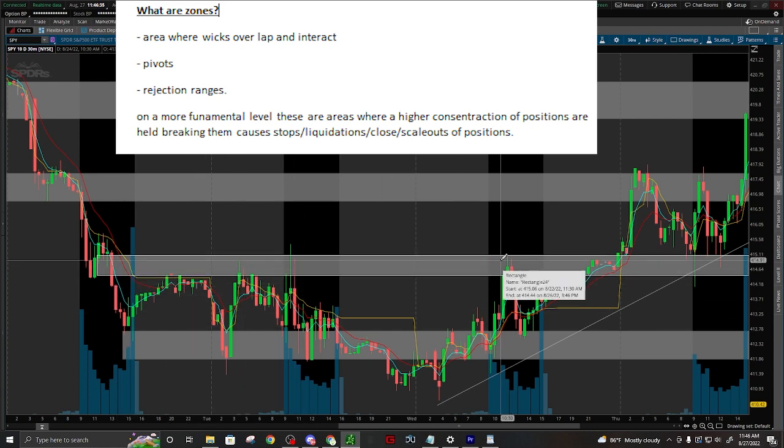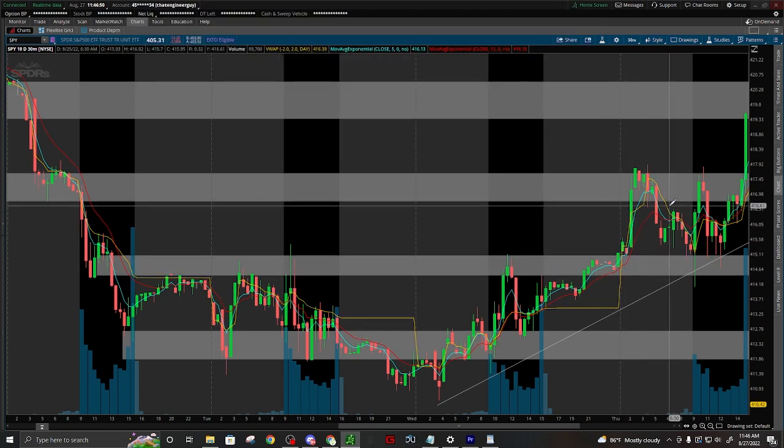So it's rejecting. But again, circling back to what I was saying, if there's a lot of people that think this is a good area to short in, when this range is broken, and especially when said range gets back tested and shows support, this supply zone has been flipped to demand now.